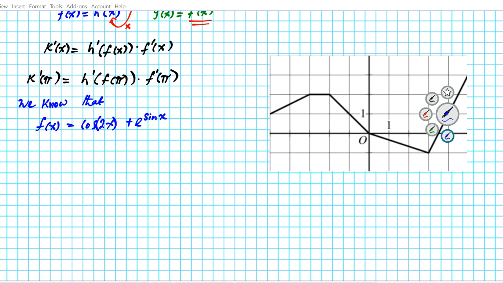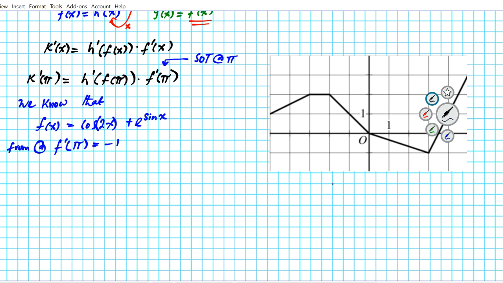That's given. And also from part A, guess what? We know what the slope of the tangent line is at pi, and that's exactly what this is. This is the slope of the tangent line at pi, the same thing as the derivative. From part A, we know that f prime of pi, we already did this, is equal to -1. So we're going to use these pieces of information to solve this problem.